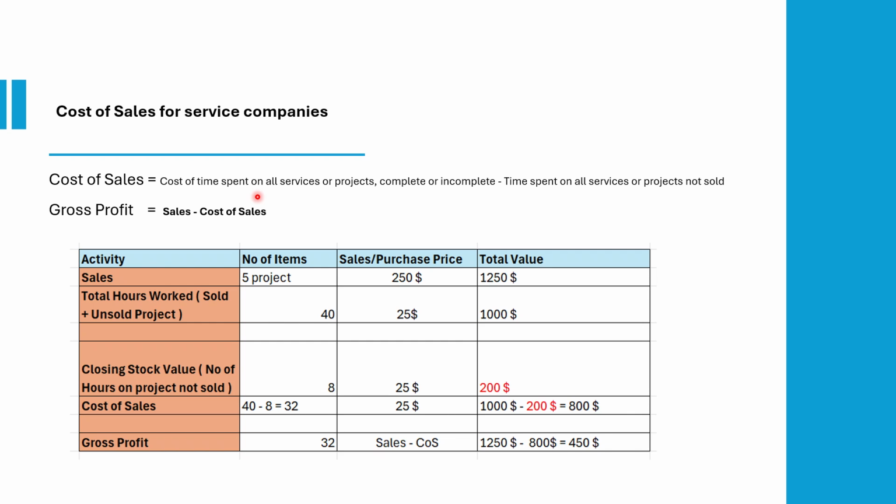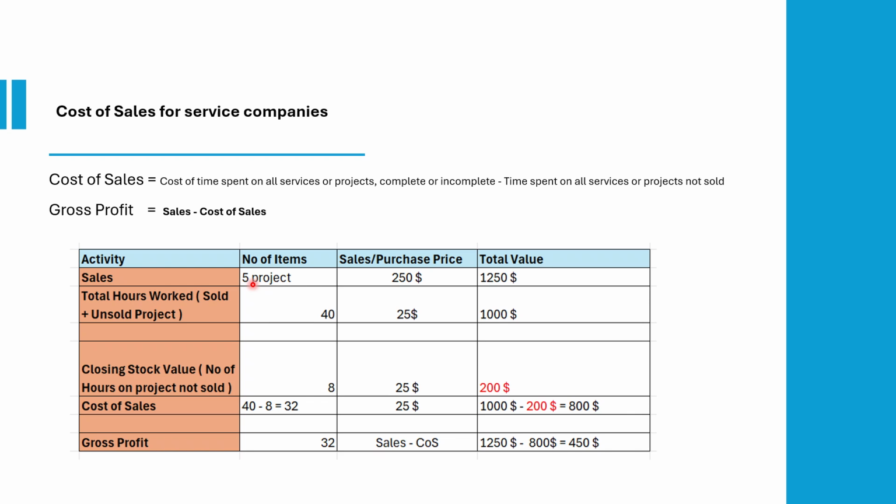That will be kind of a closing stock value. Every hour is billable, let's say for some rate. So the total you worked in that period, minus the time you worked on the services or projects which you were not able to sell in that period, will be your closing stock. So let's understand from here.